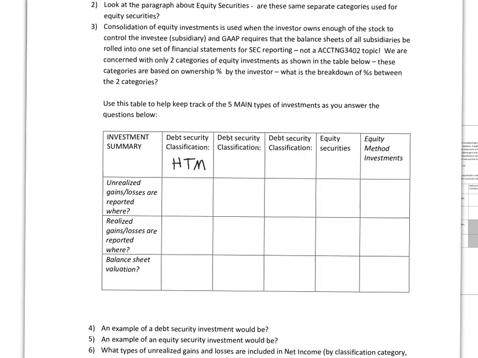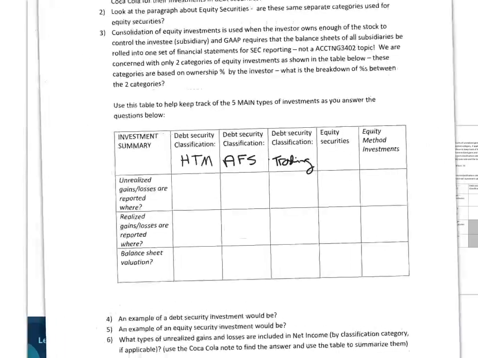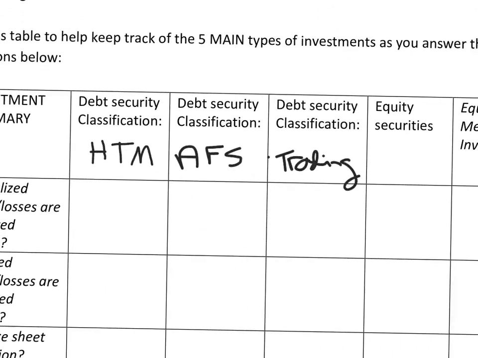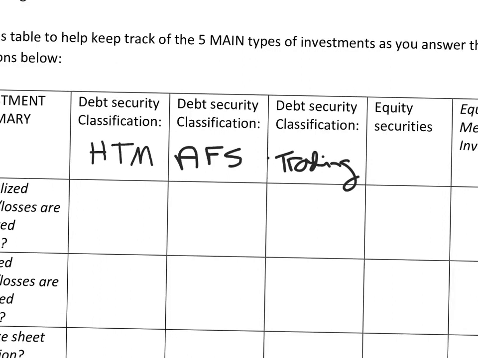So we looked at the three categories that are covered in the chapter. Those were held to maturity, available for sale, and trading, for the debt investments. And then for the equity securities, we talked about this idea of a passive investment or lacking significant influence, I think is what your chapter says.